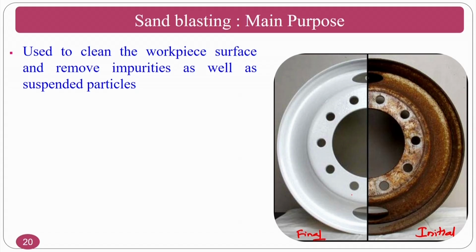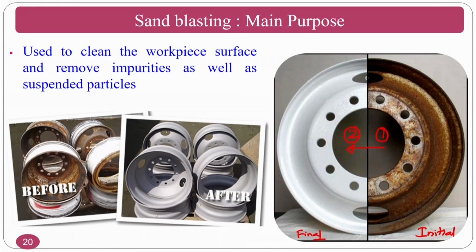You have different contours, nooks and corners the sand has to reach. For that purpose, you can use sandblasting. Sandblasting can reach the nook and corner of this rim, and it will strip off the rusted portion, and you transform it from a rusted state to a very good state, or generate a virgin look on the rim that is rusted. You can also see this is initial and this is final.